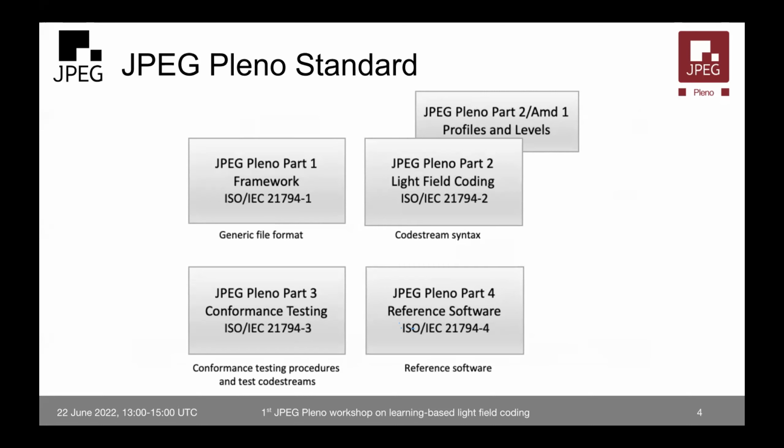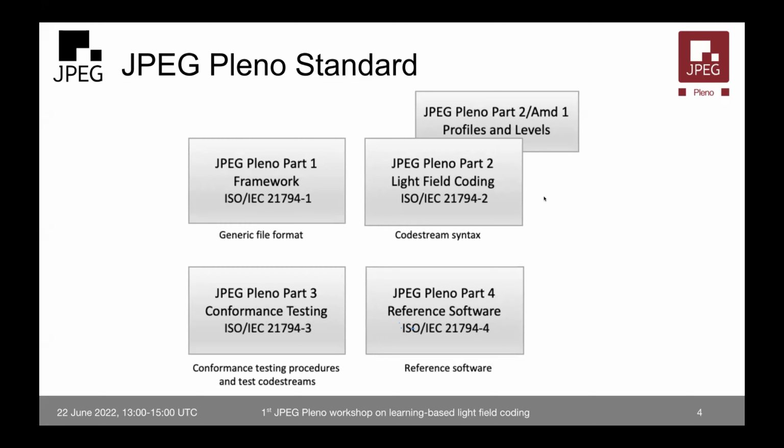And we have the other one, the 4D transform mode. It uses 4D block partitioning, 4D DCT, and 4D bit plane EZ coding. And we also have the amendment, which covers profiles and levels.